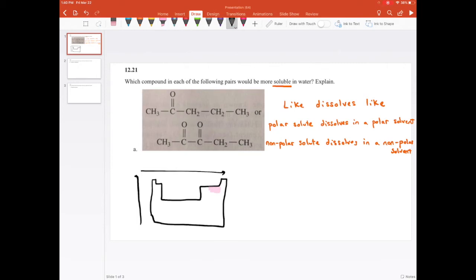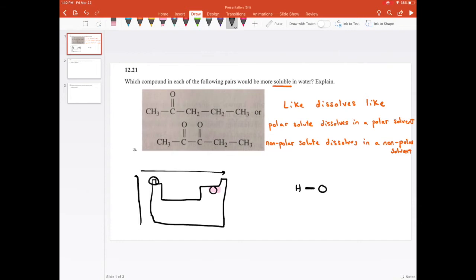So for example, let's say you had oxygen and hydrogen. Oxygen is in this top right region, so it's really electronegative. Electrons find oxygen very attractive. Hydrogen is far away from that. It's on the other side, and so it's not as electronegative. Electrons don't find it as attractive.